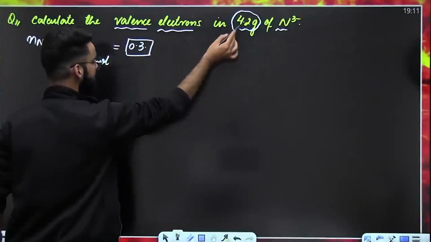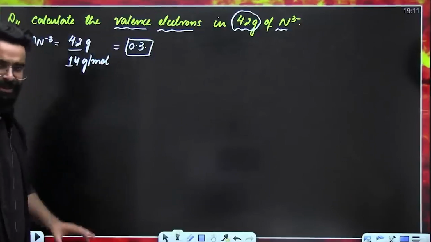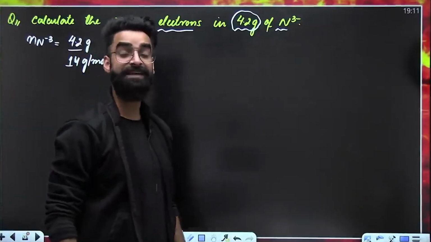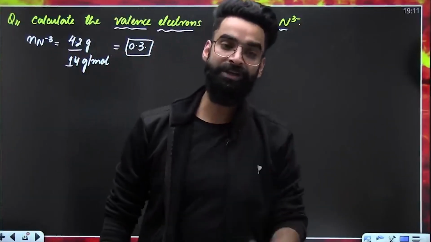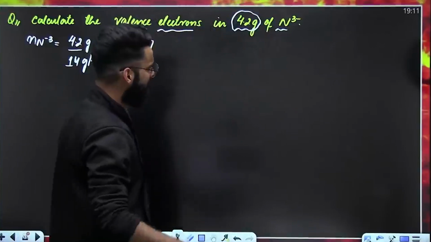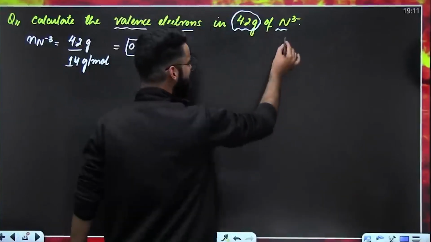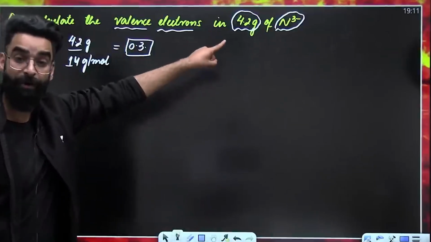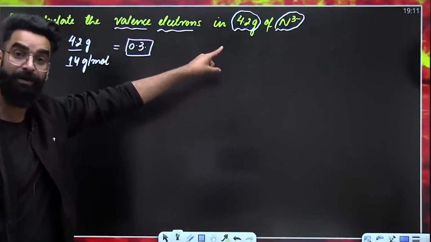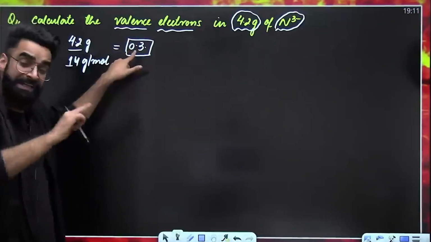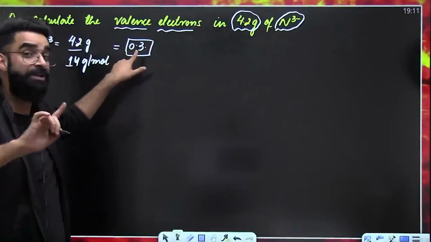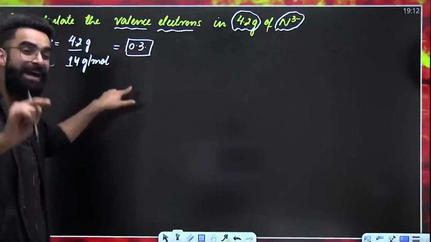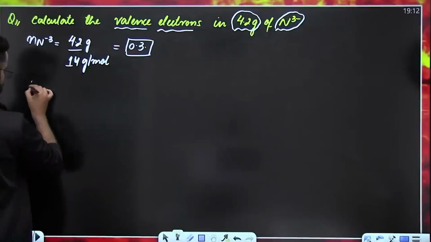So we have converted the given quantity into number of moles. Now what used to be our second step? Moles into molecules, right? Look at it carefully. Is the given substance present in molecular form or ionic form? It's given in ionic form. Now, moles multiplied by Avogadro's number is not going to give me the molecules. That's going to give me the number of ions, right?